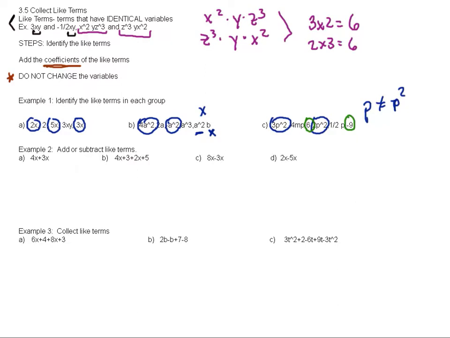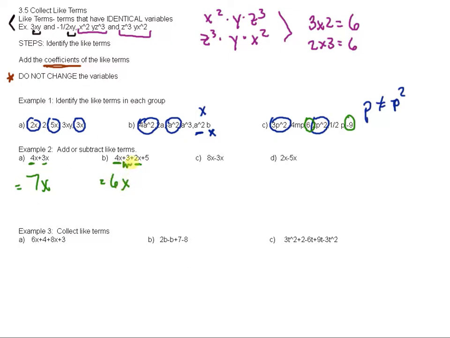Okay, example 2, add or subtract like terms. So 4x plus 3x. Well, what's 4 plus 3? 7. So add the coefficient, leave the variable. So we add 4 plus 3 equals 7, leave the variable x. Now, we have 4x and 2x here, which equals 6x.